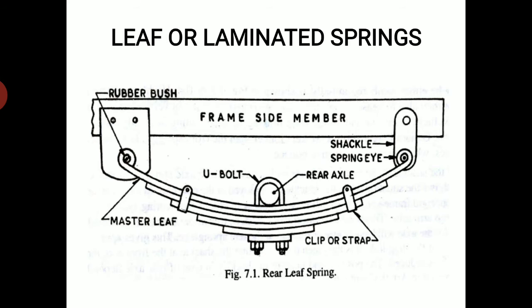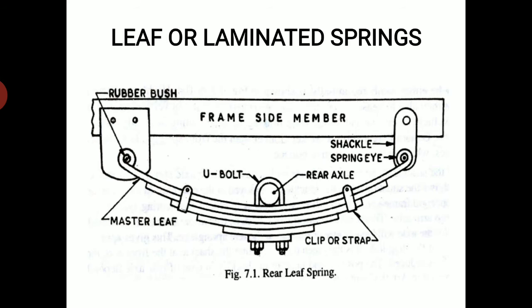The leaves are held together at the center by a bolt which passes through holes in the leaves. You can see the rear axle, where the U-bolt is connected. There is one master leaf. Many leaf springs have special inserts between the leaves to permit the leaves to slip over one another when the spring bends.